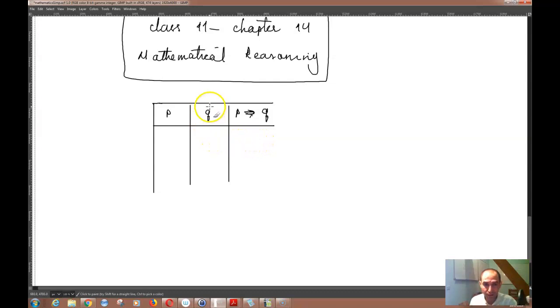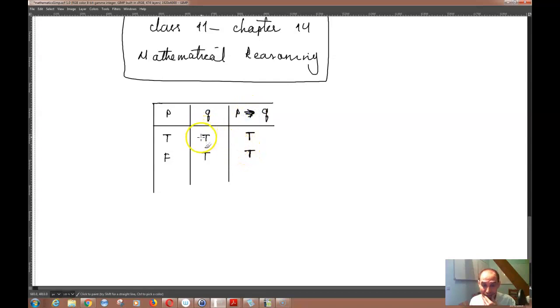Now, if Q is true, it doesn't really matter whether P is true or false. Then P implies Q is going to be true. That's basically how this implication works.